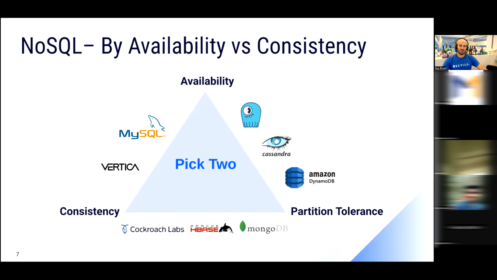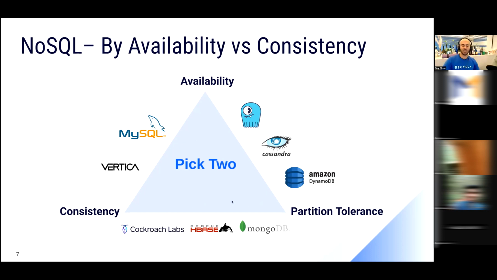I put some databases here on this triangle. You can see that ScyllaDB together with Apache Cassandra and Amazon DynamoDB gives a preference to availability over consistency. Other databases like MySQL give a preference to consistency.